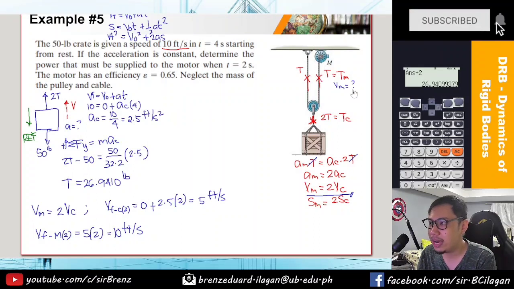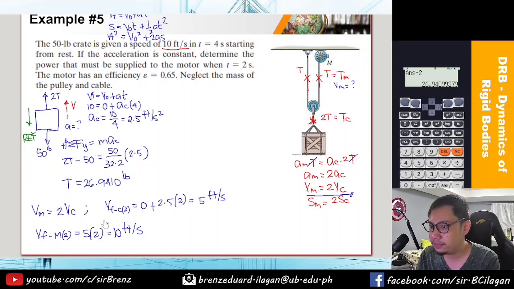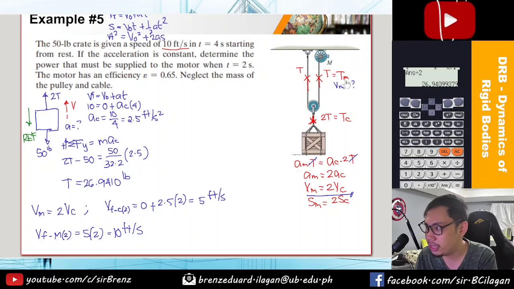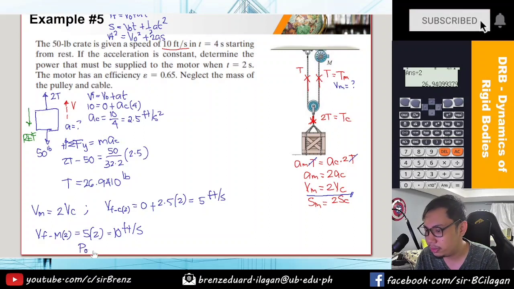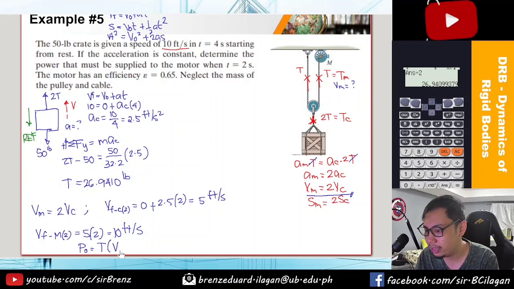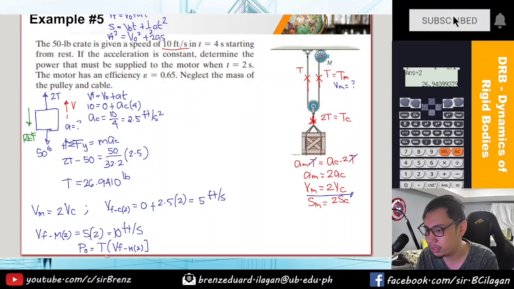Because that is the actual. This actual velocity, we just multiply it by its force, which is the tension at M, or that is the value of T. So the power output is equal to T. This tension, T sub M, is equal to T, times the final velocity at M during the 2 seconds of motion.